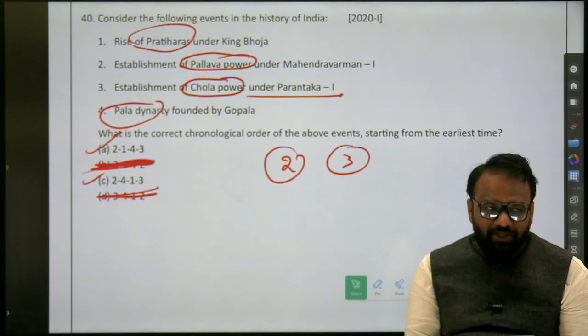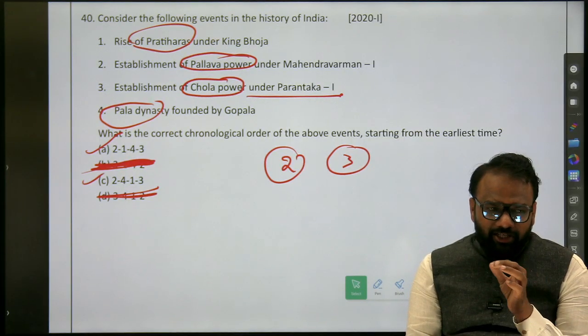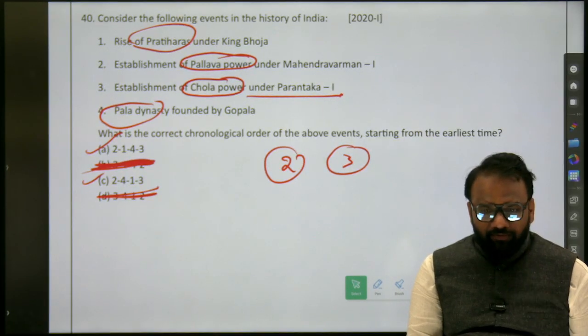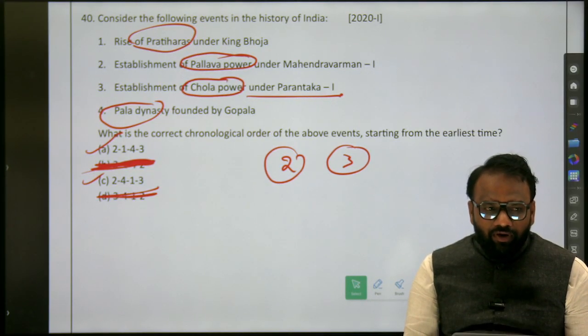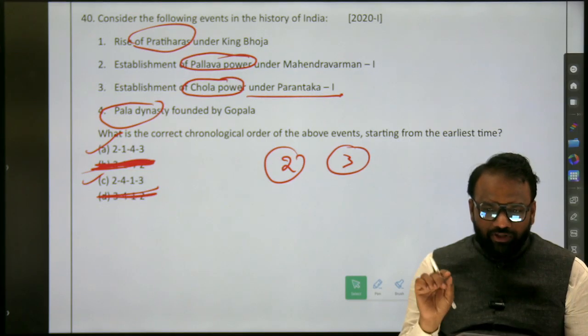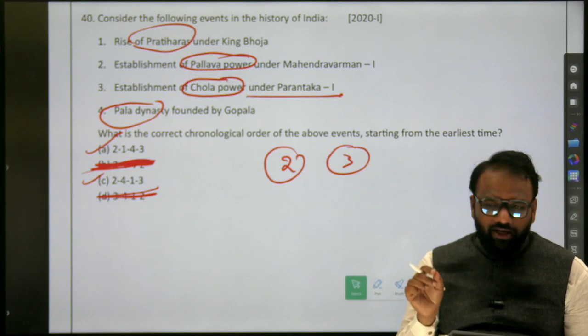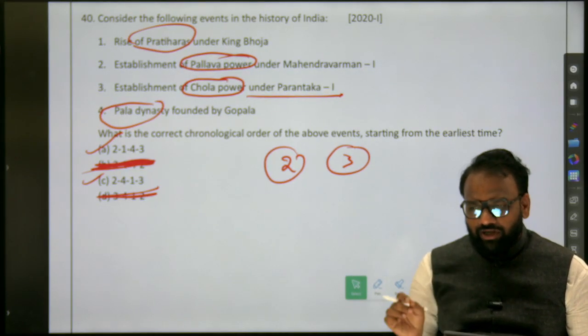Just check it once. We have a topic somewhere on Rashtrakutas, Pratiharas, Palas. Which topic is that? You can open the notes directly. Somewhere in the discussion I also mentioned it.